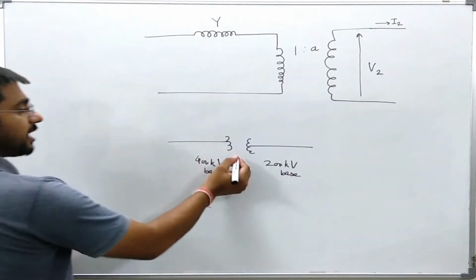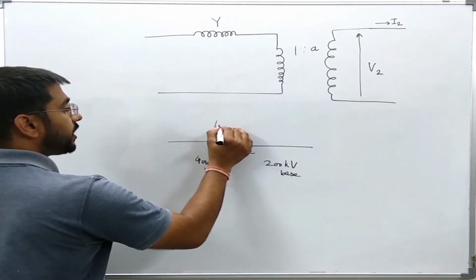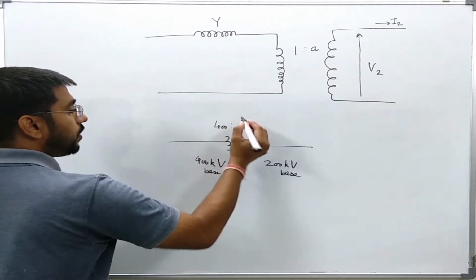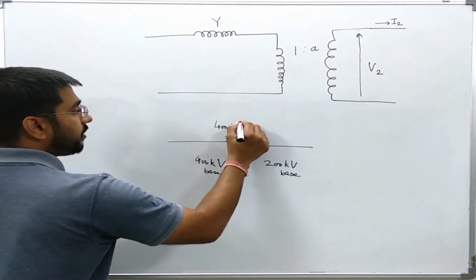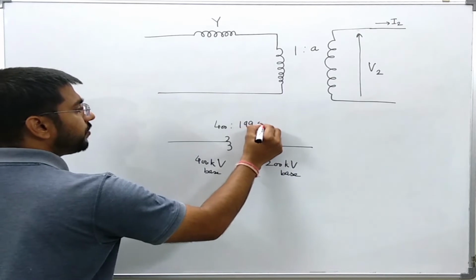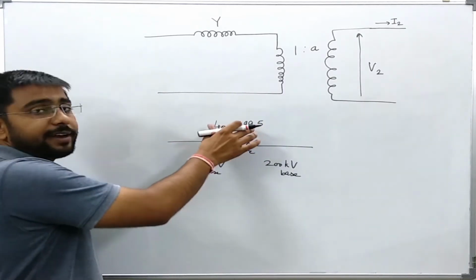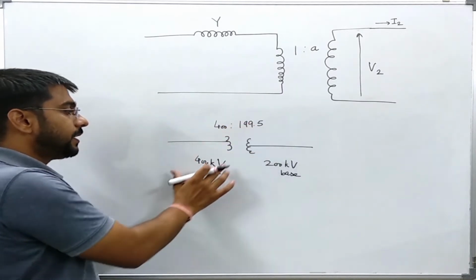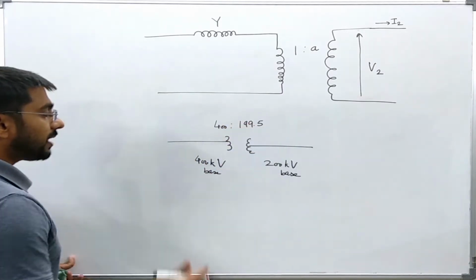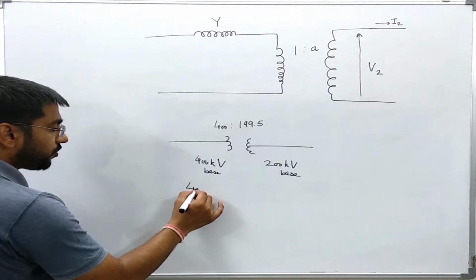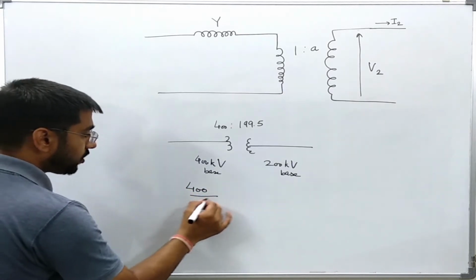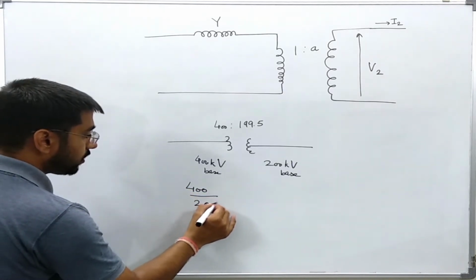Now this transformer is changing 400 to, let us say, 199.5 kV. Now this transformer has a ratio which is different from the base voltages. So what can I do? I can show this transformer as a combination of two transformers.